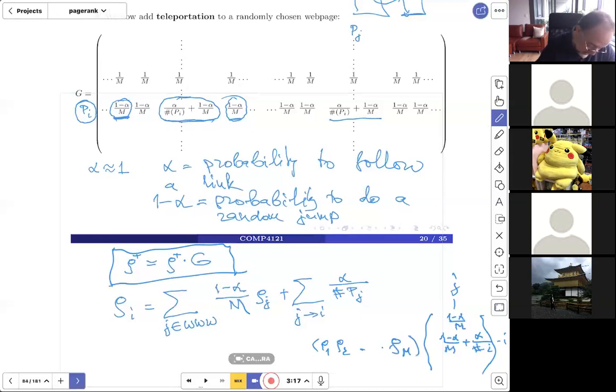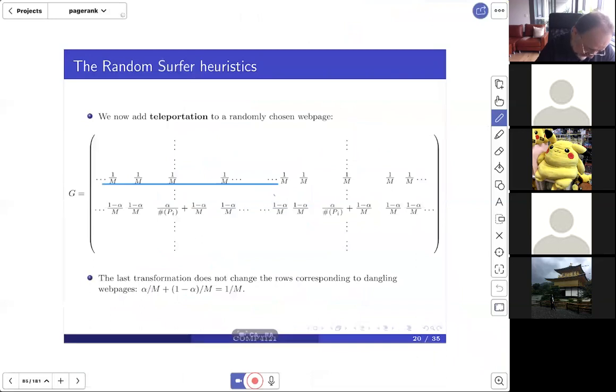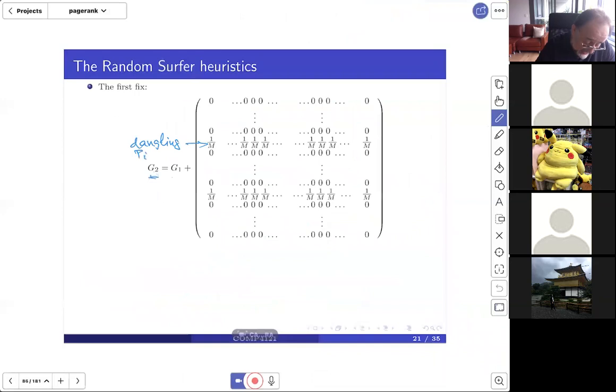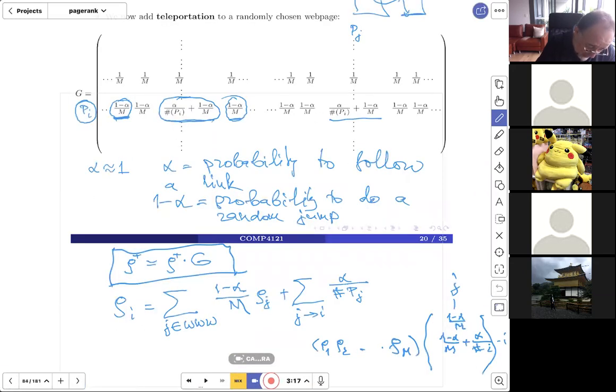And that's our next topic, to show this. Now, there is a pretty lengthy discussion here that deals only with one issue. Let me show you what's the problem with this matrix here.